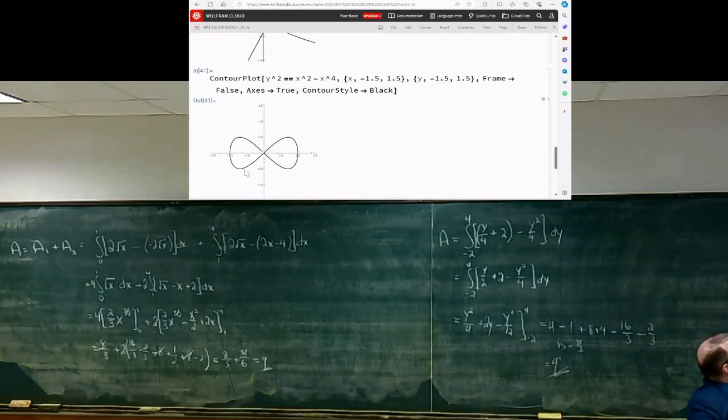So we want the area enclosed. So now you see why we say enclosed. So we want all of this area. Well, what you should notice, this region, aren't they identical? They're identical.